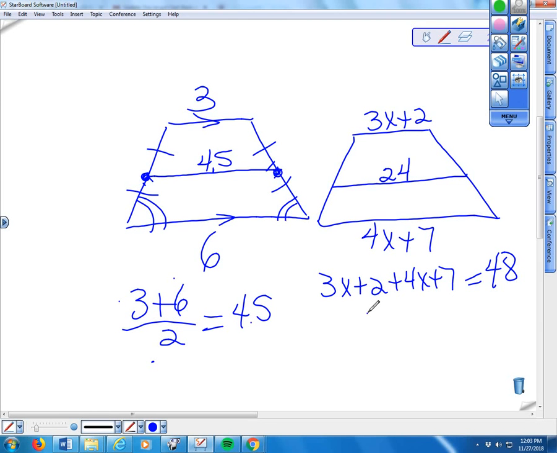So 7x plus 9 is 48. And yeah, got an ugly fraction, but 39/7 is x. Okay, there's a couple of problems on big ideas where you have to use basically the definition of the mid-segment, that is the average of the two bases, to solve for variables like that.